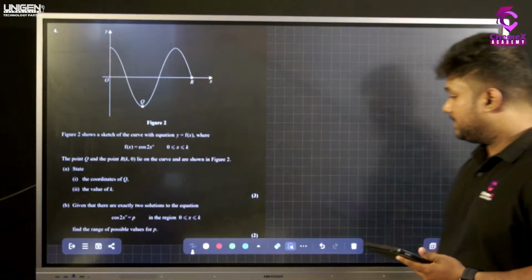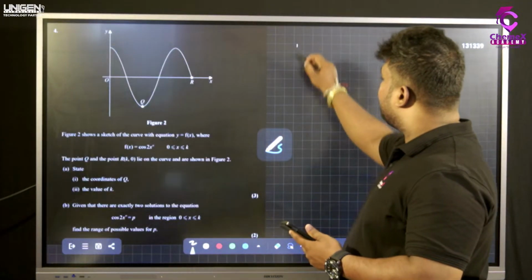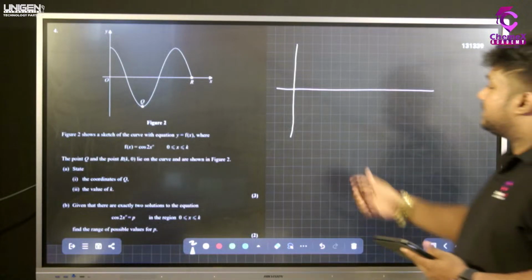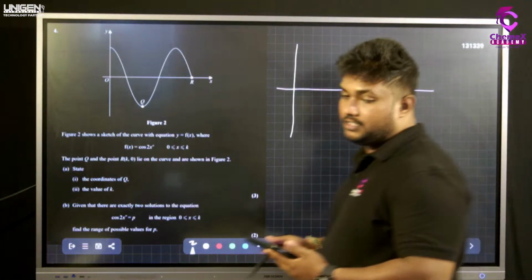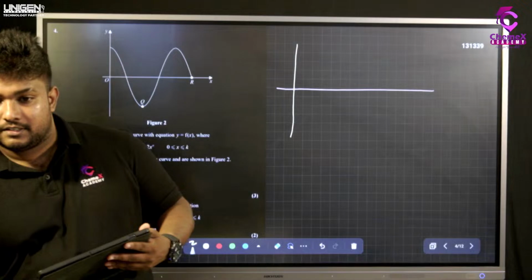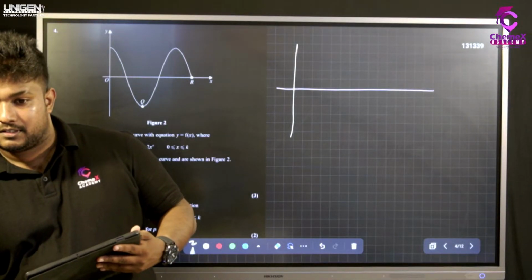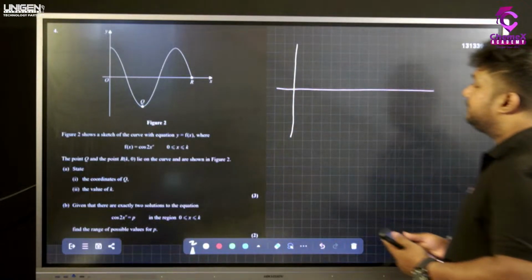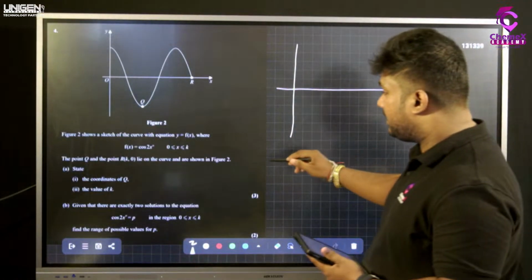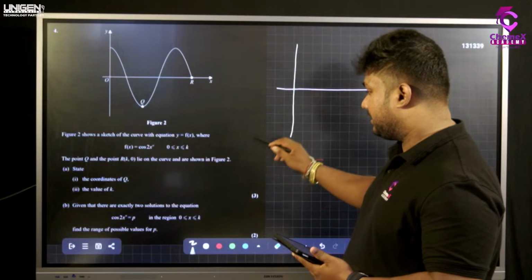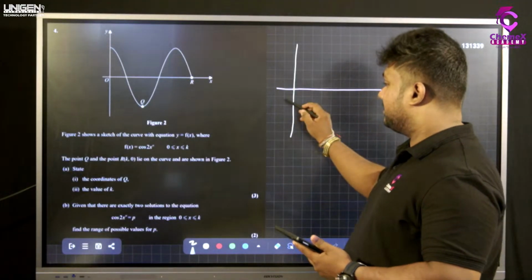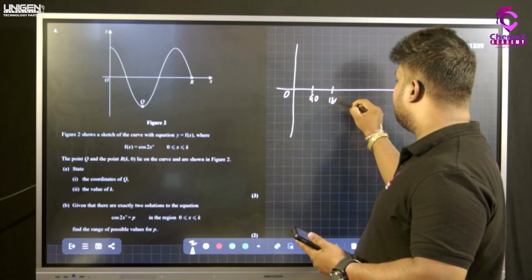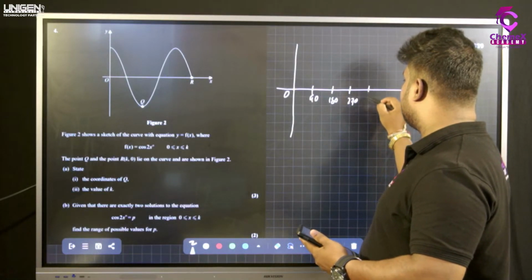First thing I recommend is to draw the normal cos graph. They haven't said anything about radians, so it's in degrees: 0, 90, 180, 270, 360.